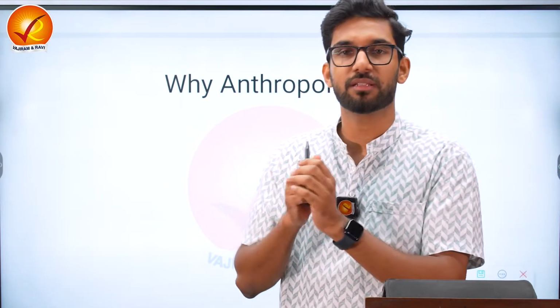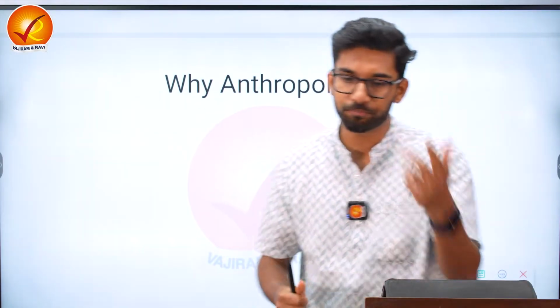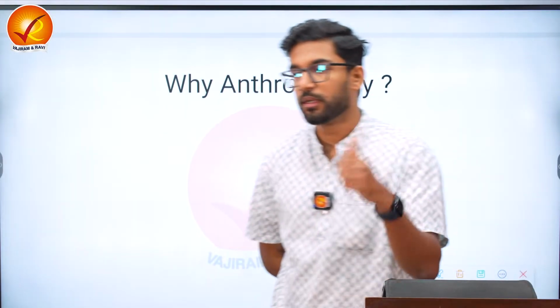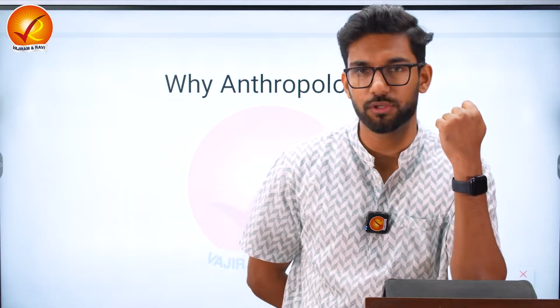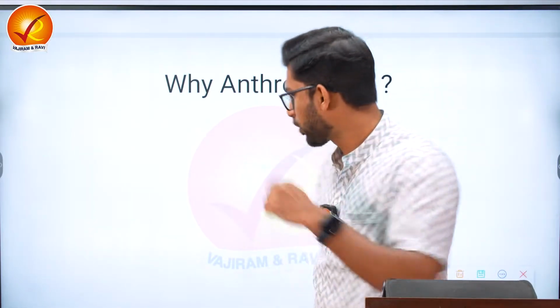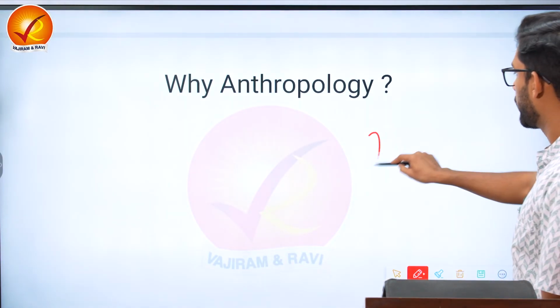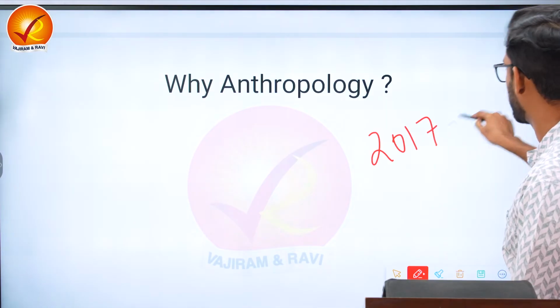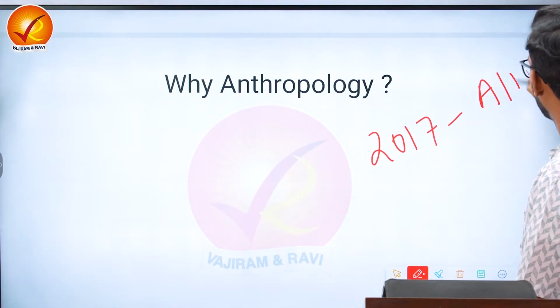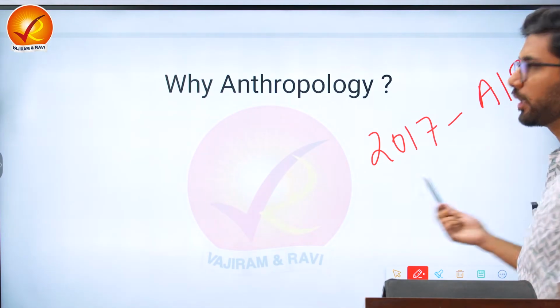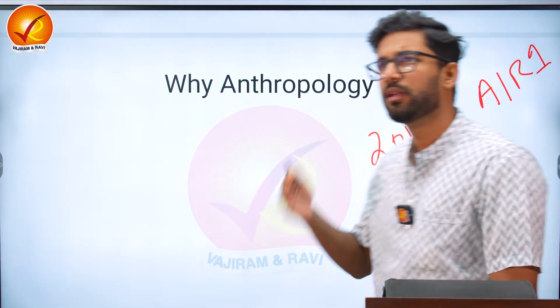Now the second is the marks part. So when I was thinking which optional should I choose, that year or before that, I graduated in 2018. So in 2017, Anudeep Durishetty sir was there. He secured AIR 1 and he scored some 340.